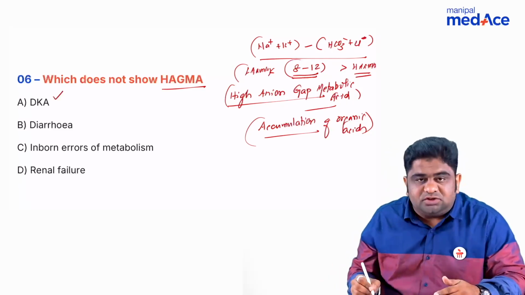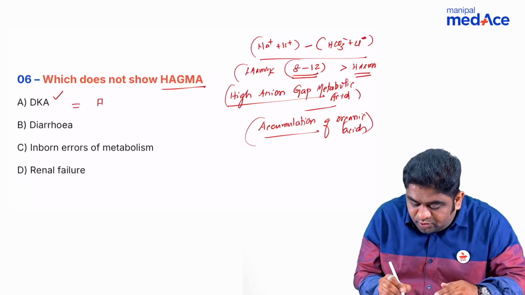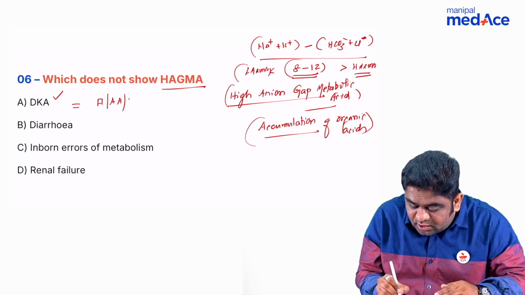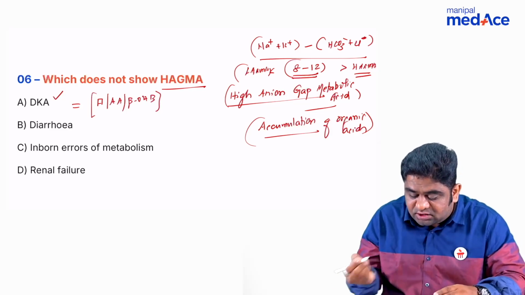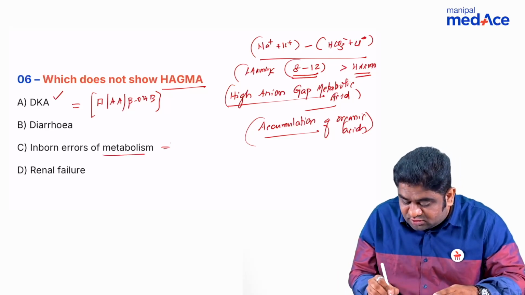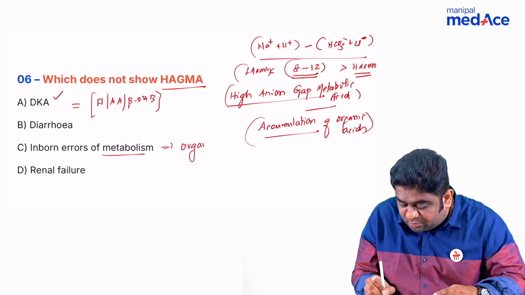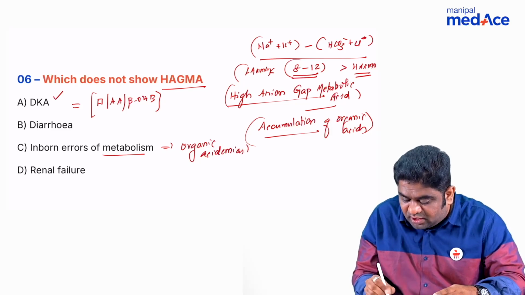In diabetic ketoacidosis, ketone bodies are accumulating, which are acetone, acetoacetate, beta hydroxybutyrate, and these acids on accumulation will cause a higher anion gap. Now, in case of inborn errors of metabolism, many organic acidurias can be noticed. Organic acidemias can lead to accumulation of organic acids.